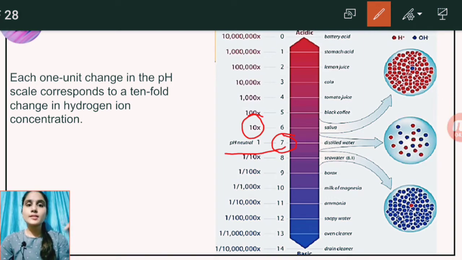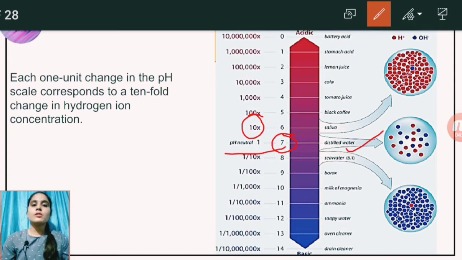Similarly, if you are adding 100 times the acid solution, then it is going to decrease the pH by 2 units. On the other hand, if you are adding 10 times more basic solution to the neutral distilled water, then it is going to increase the pH by 1 unit. And if you are adding 100 times the base solution to a neutral solution, then it is going to increase the pH by 2 units.